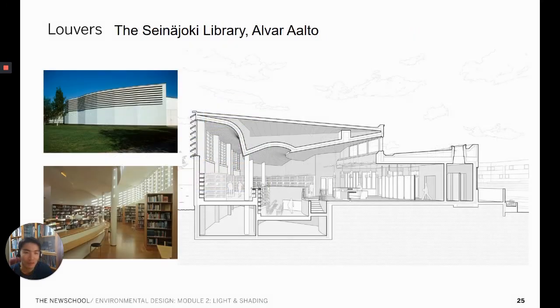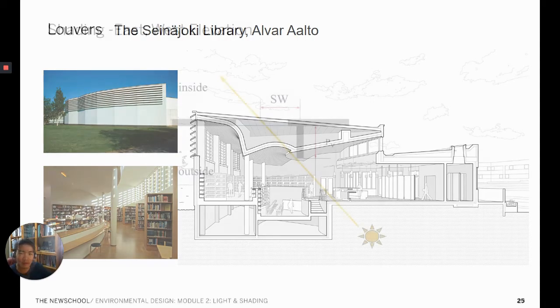The Seinäjoki Library, located in Finland, designed by Alvar Aalto, uses dense architectural louvers on the high portion of the south side of the building. The strategic location of these louvered high windows, in combination with the curved ceiling, redirects the light down to the main library space below, while preventing direct solar rays from reaching the books, preventing deterioration.